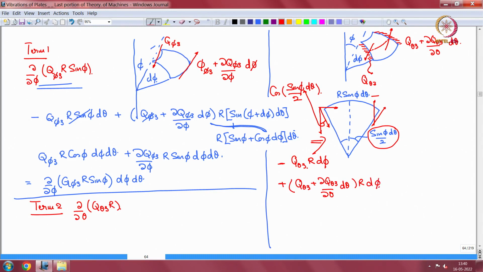Cosine of the small angle is 1 both places, so this term goes away, and I am left with del q theta 3 by del theta r d theta d phi.